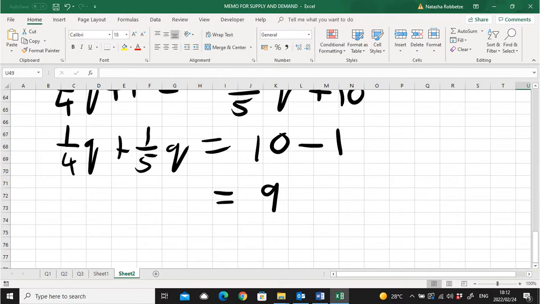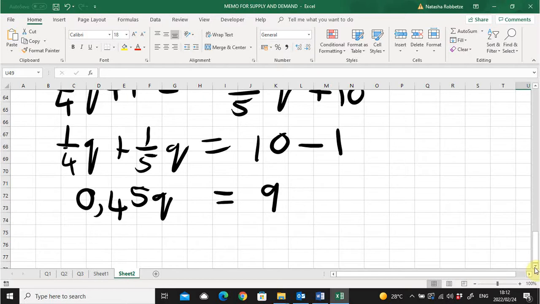And then 1/4 of a Q plus 1/5 of a Q. If we add that together, you should get, according to my calculator, 0.45Q.